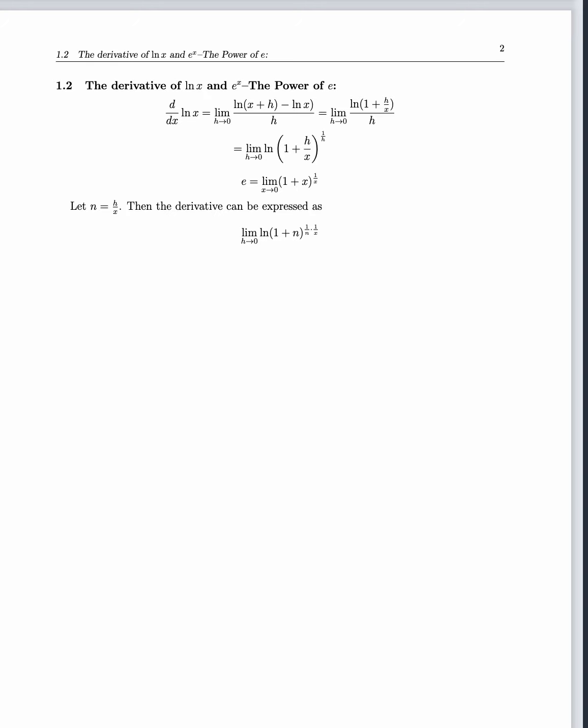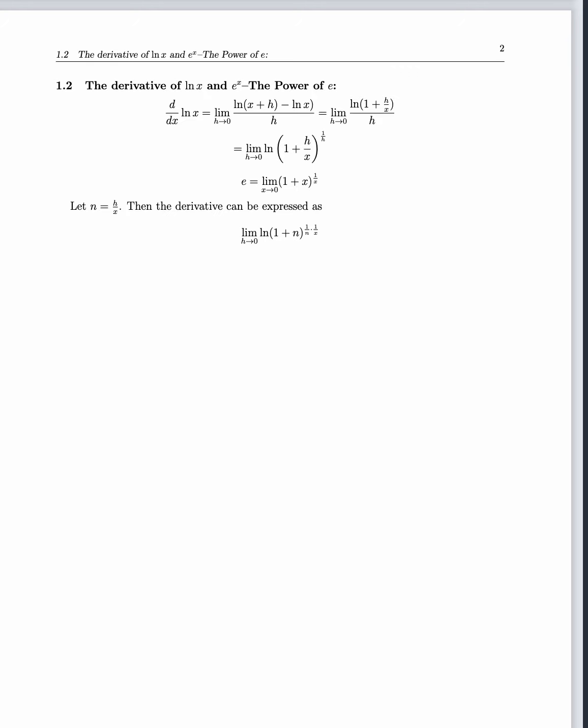What I did is I substituted in m equals h over x. Then I can write it as the limit as h approaches 0 of ln of 1 plus m to the 1 over m times 1 over x, and we can take the constant outside, and we can also take ln in front of the limit.